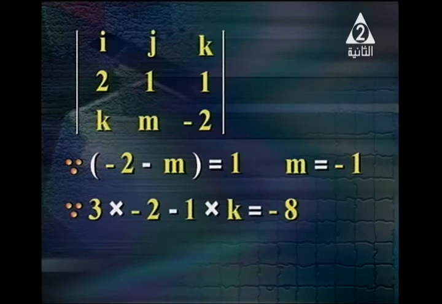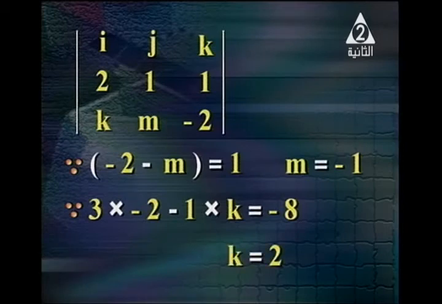By the same method, 3 times negative 2 minus 1 times k equals negative 8. In this case, we find the value of k: 3 times negative 2 is negative 6, negative 6 minus k equals negative 8.